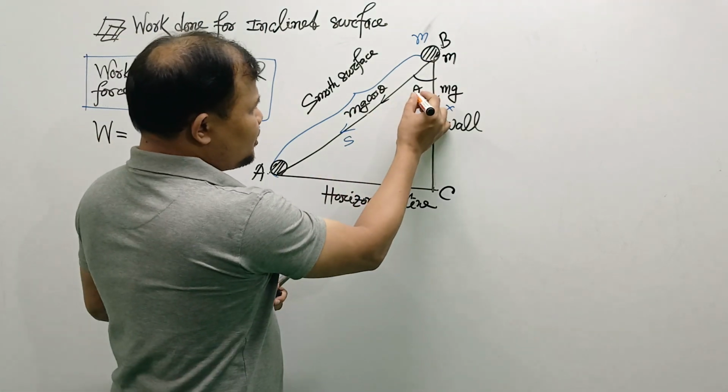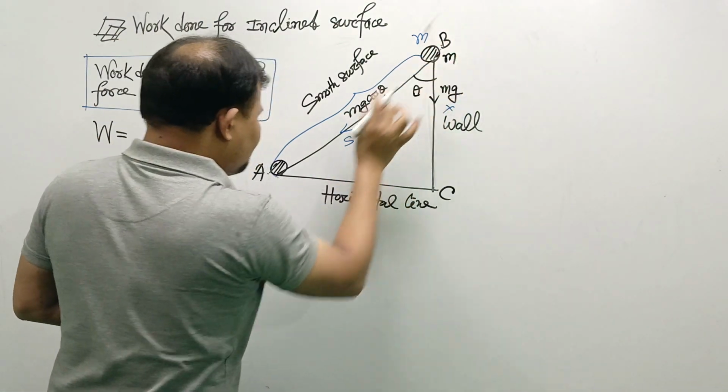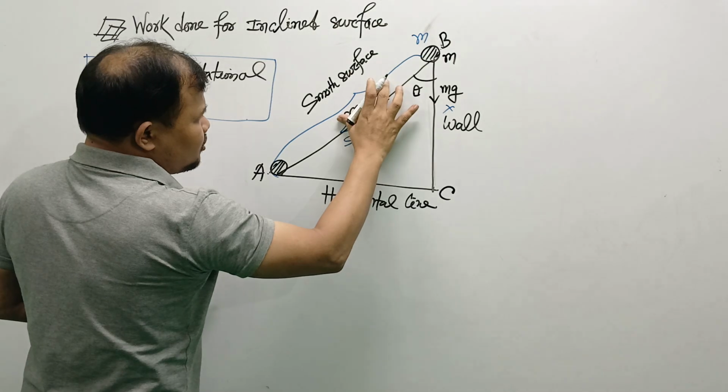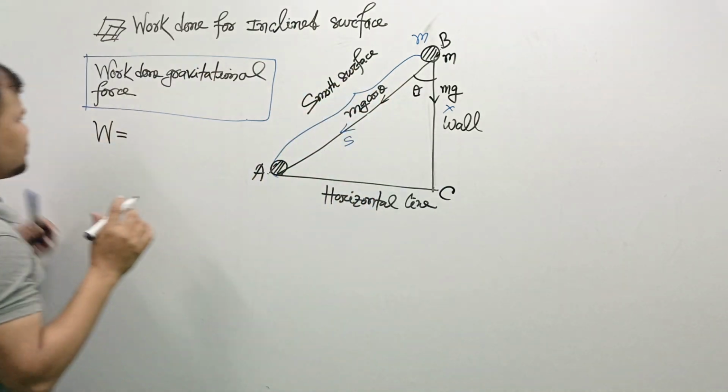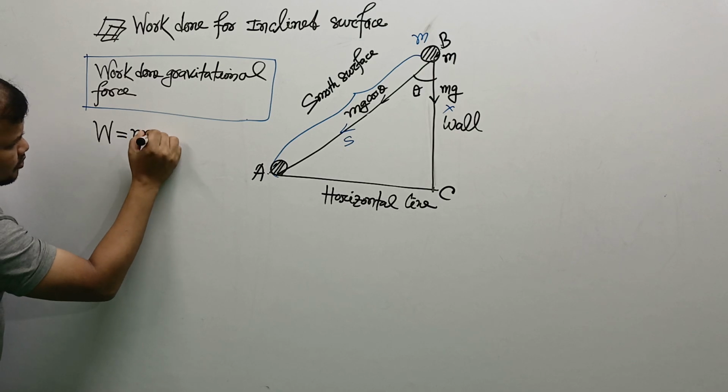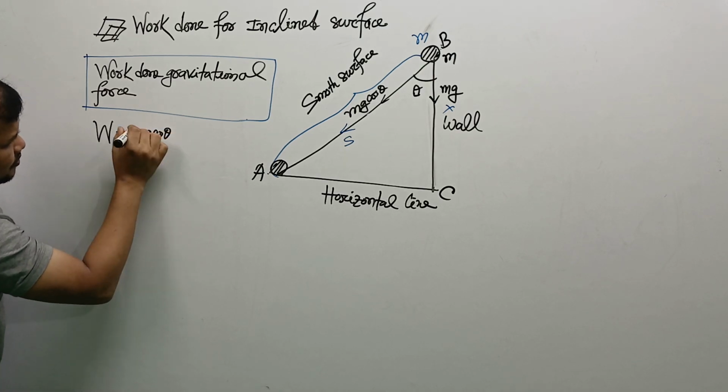Because of this component, the body comes from B to A. So this component of the gravitational force is responsible for work done. So at first we write the component of the gravitational force, mg cos theta.